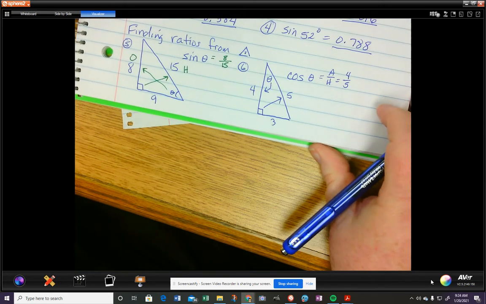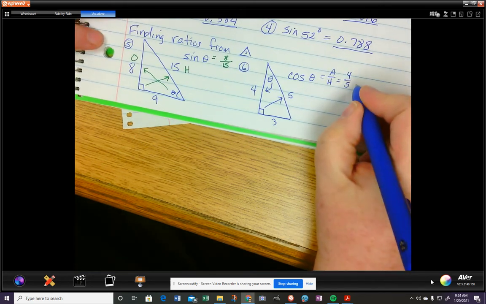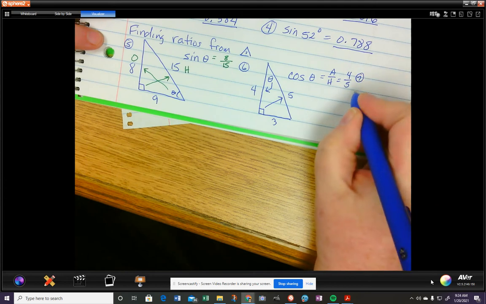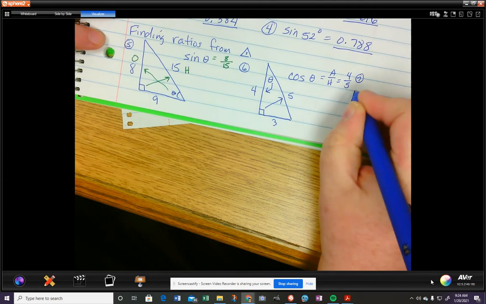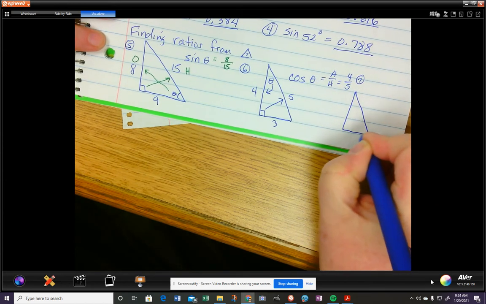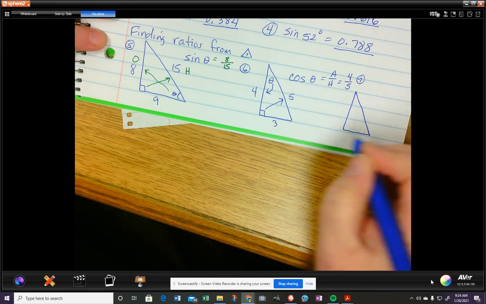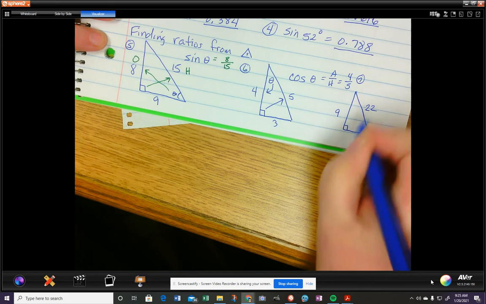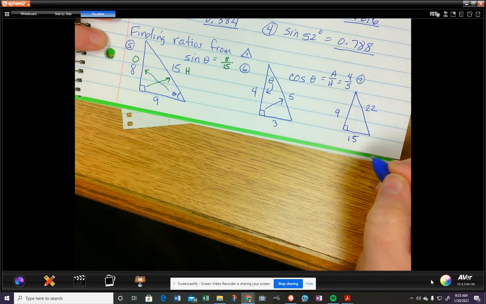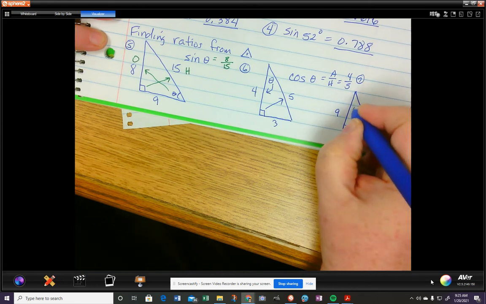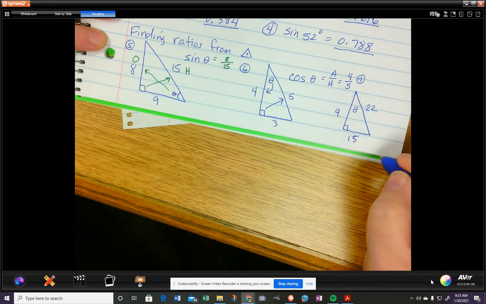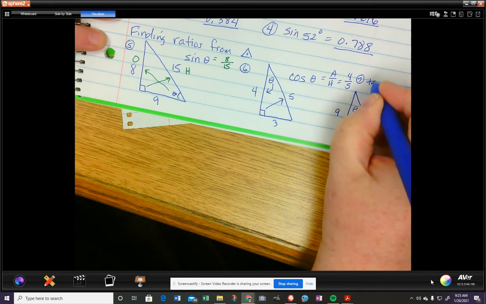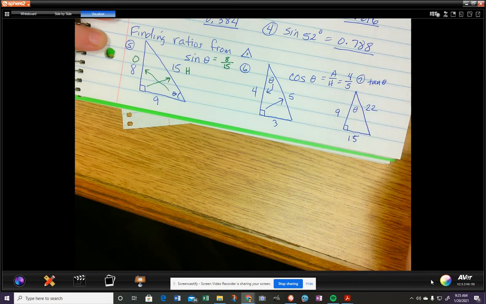I think I've got room to do one more. Number 7. Draw a little triangle here. 9, 22, 15. Here's my right angle. And I want theta up here. And I want the tangent of theta.